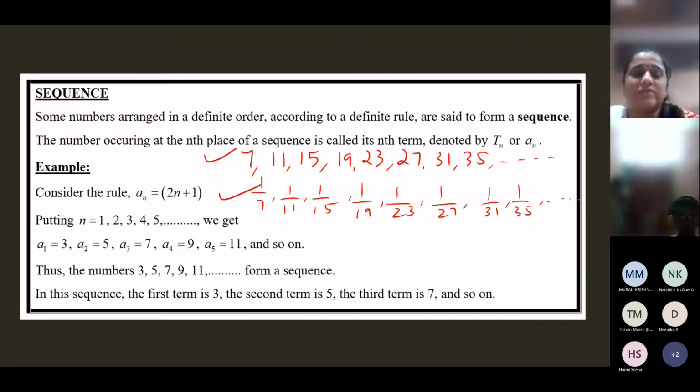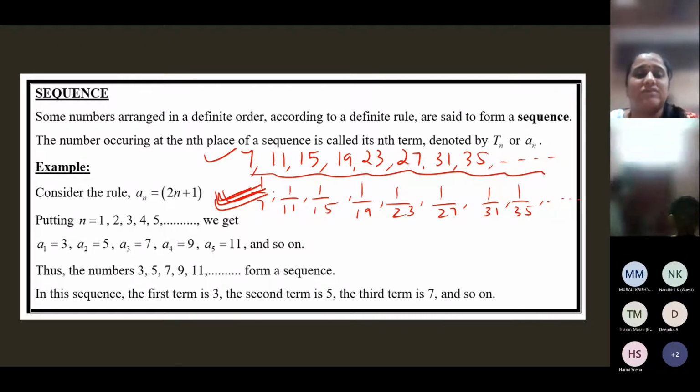In the second sequence, when you take the reciprocal of every term, you're generating a new sequence. You get 7, 11, 15, 19, and so on. Now you see that this sequence is an arithmetic progression.